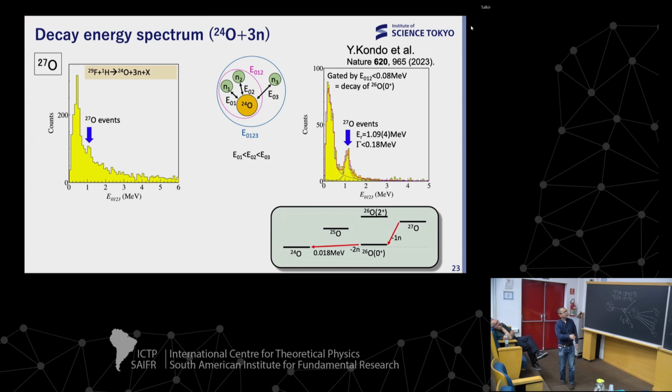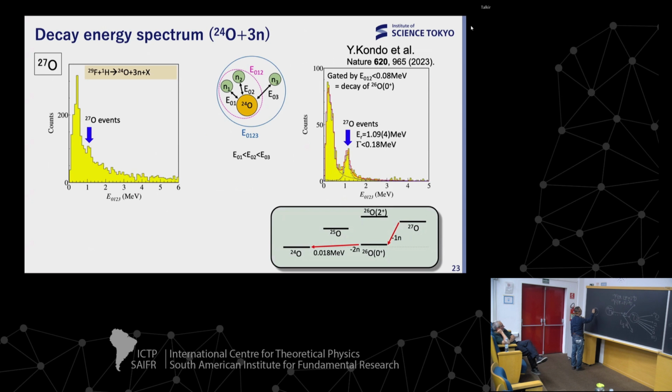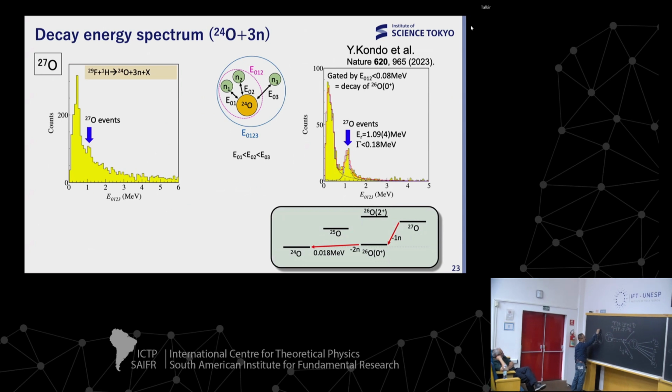But what I'd like to say is oxygen 27. Of course, oxygen 27 is like oxygen 24 plus neutron, neutron, neutron, right? But what we found is that oxygen 27 is decaying through oxygen 26. So this is oxygen 27. Our interpretation is, but anyway, we have a peak like this.